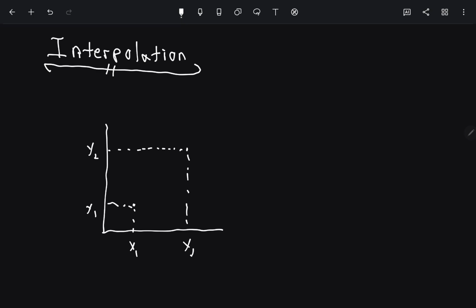And then we have some other value that's in between them, and we have either the x component or the y component. We can use linear interpolation to figure out the other one. If we have x3, we turn this into a line, and we can find y3.